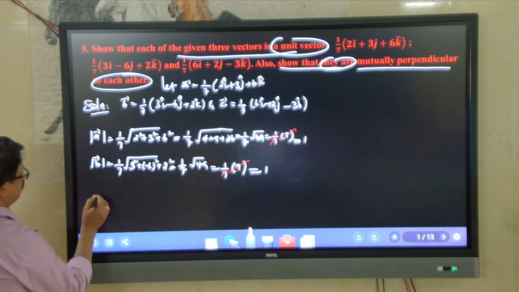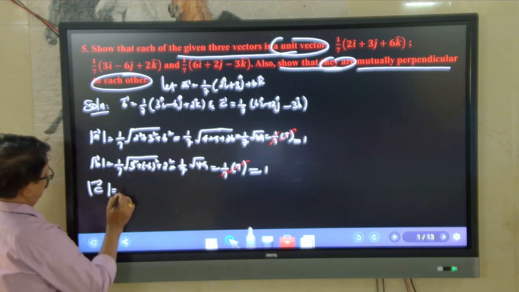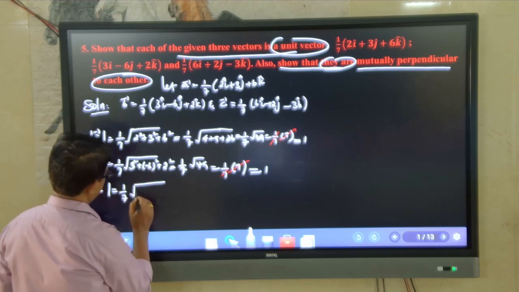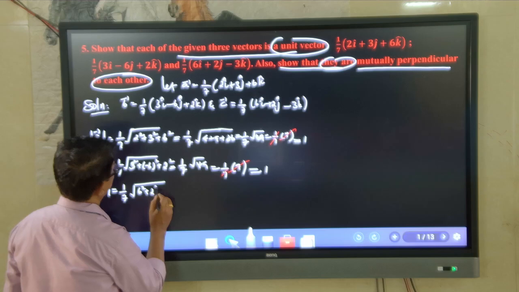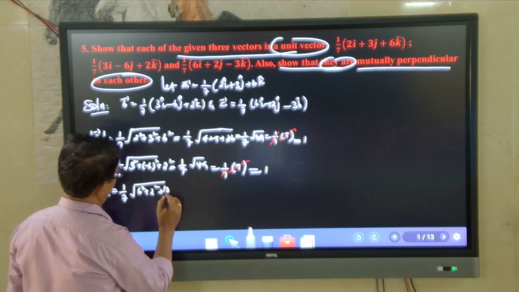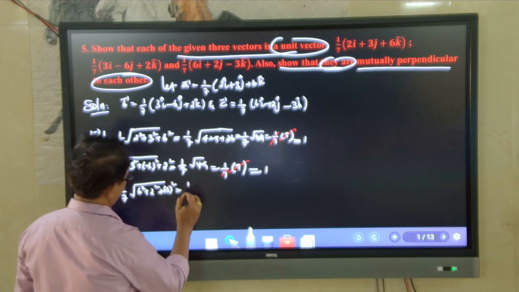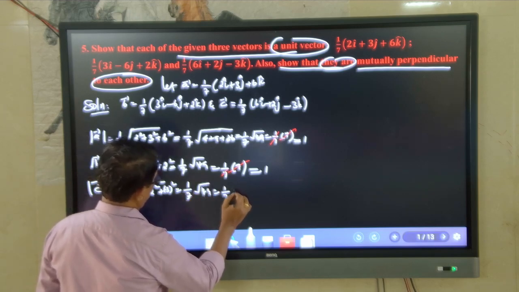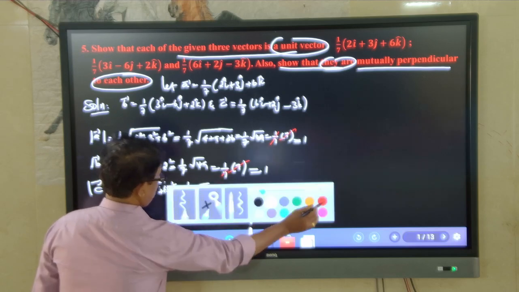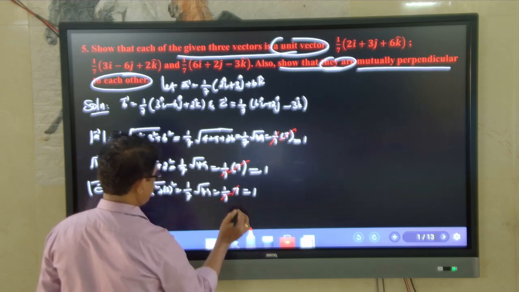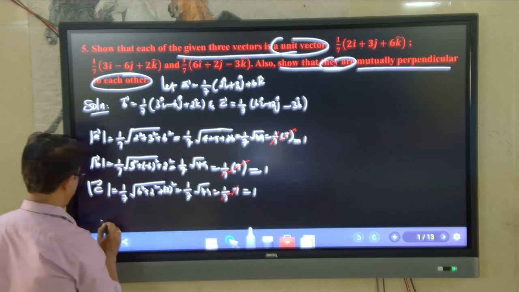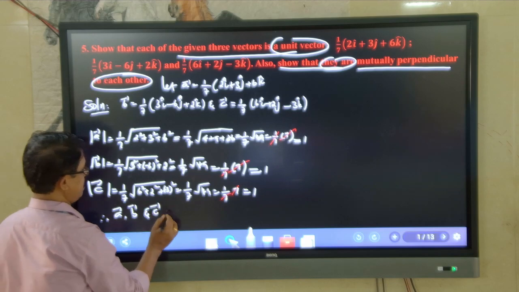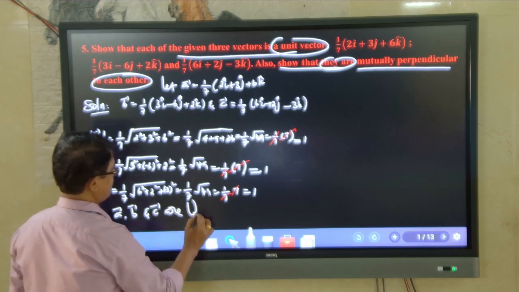And finally, C vector equal to 1 by 7 into square root of 6 square plus 2 square plus minus 3 whole square, that is also square root of 49. 1 by 7 into 7 is equal to 1. Therefore, A vector, B vector and C vector are unit vectors.